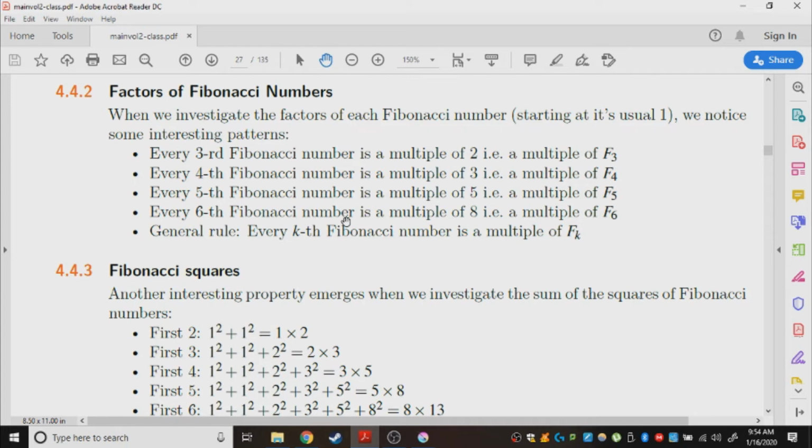Every fourth Fibonacci number is divisible by 3, which is that fourth Fibonacci number. Every fifth one in the sequence is a multiple of 5, which is the fifth Fibonacci number, and so on. So every kth Fibonacci number, if you make jumps of size k, they are all connected to that first one, even though we are never multiplying. We are only adding weird things together.